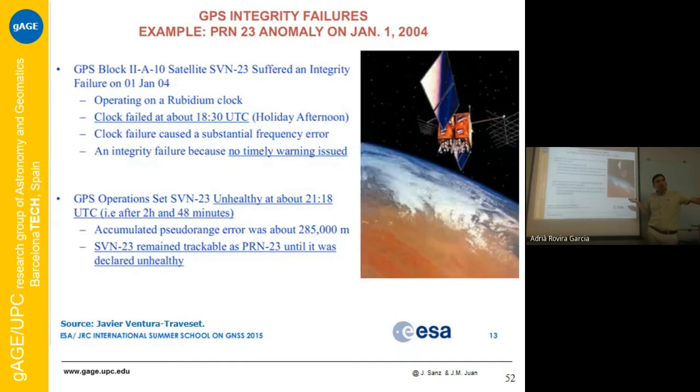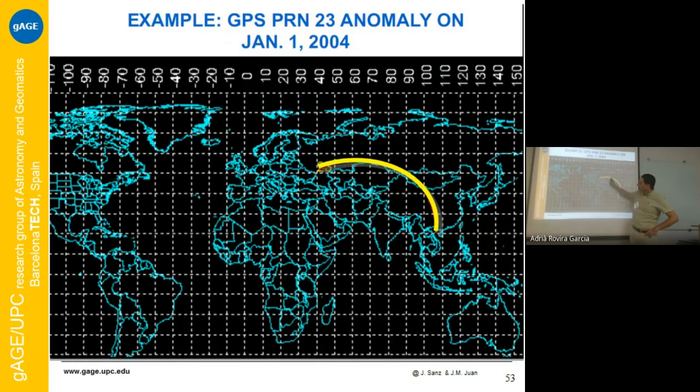So let's come back to the actual example that we saw before, these faulty GPS satellites that on Christmas, the first day of the year, on January 1st, had the problems. This is the trajectory of the satellite, what we call the ground path.